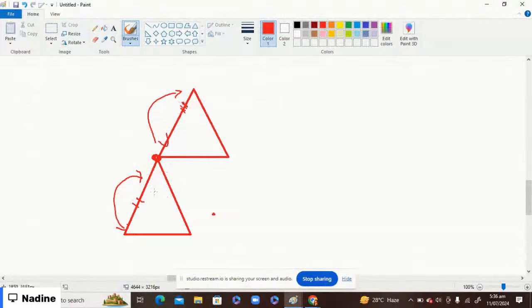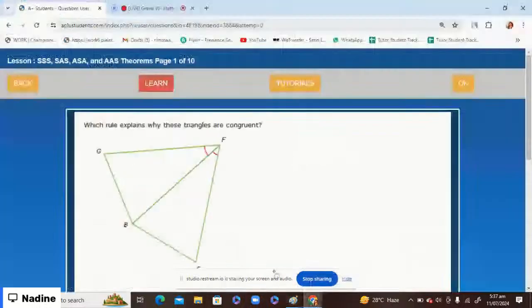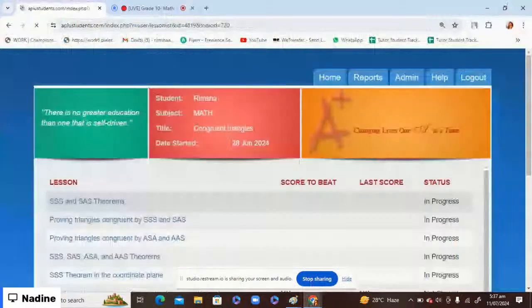These two lines show that their sides are equal, and this one shows the base, so these two are also the same, and here angle and here angle, they are saying it's the same. So we can say that this is side angle side, because two sides are represented and only one angle is represented. In this way you are going to answer the questions about which angle is the same or which sides are given.